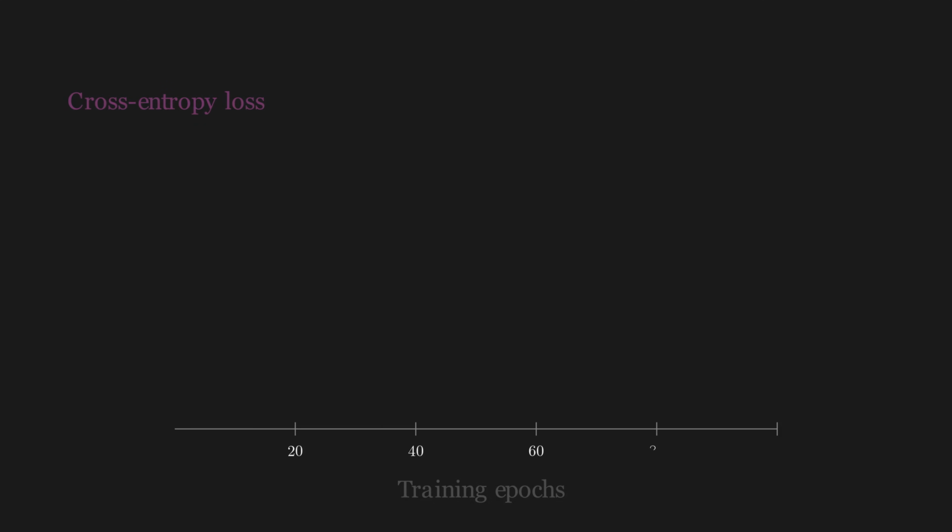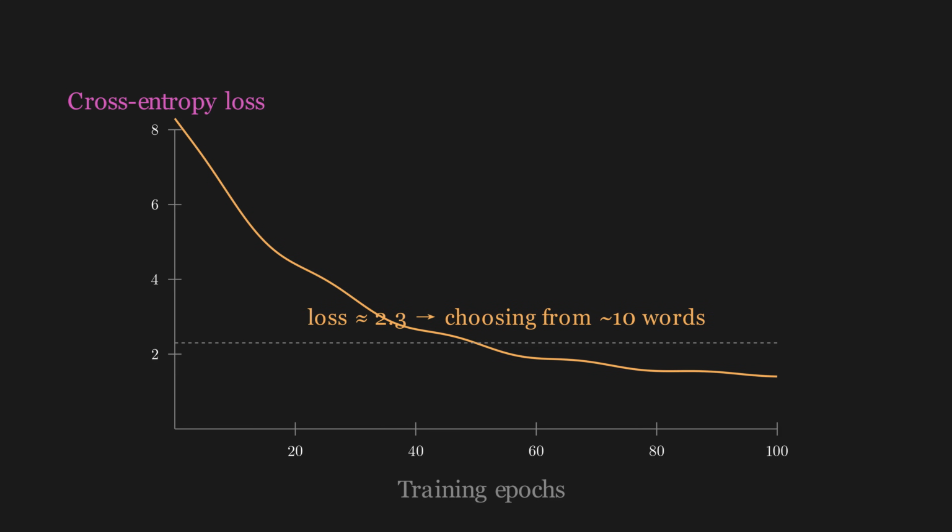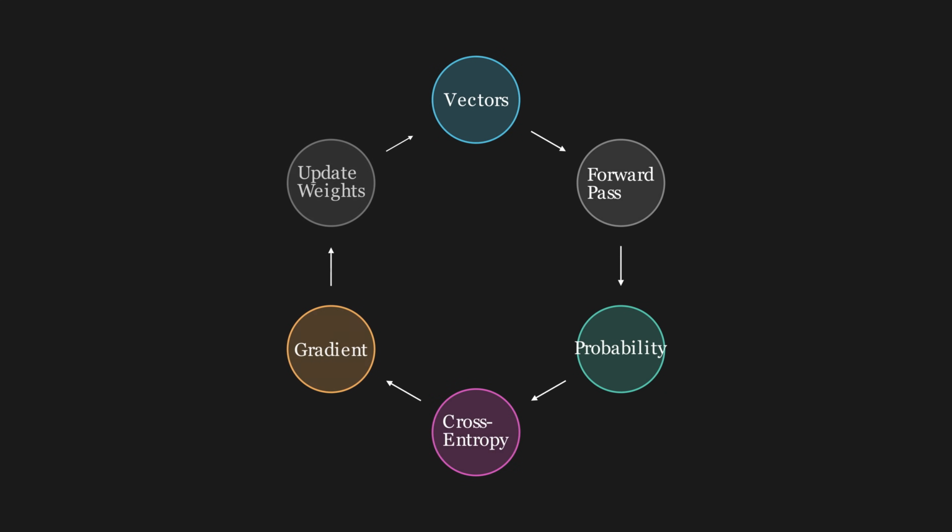This is the exact loss function that every large language model uses during training. When you see a training loss of, say, 2.3, it means the model is, on average, as uncertain as choosing uniformly from about 10 words. As the model trains, as gradient descent finds better and better parameters, cross-entropy drops and the model's predictions get sharper and more accurate. The four pillars work together in a single loop.